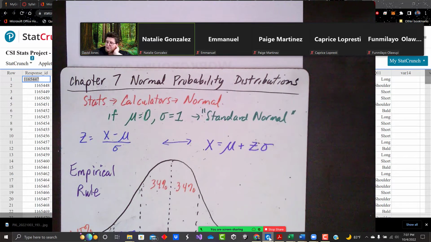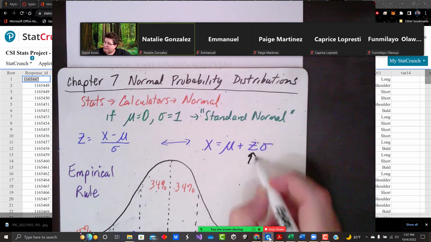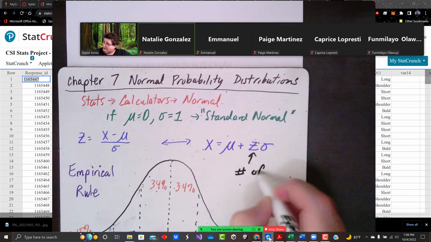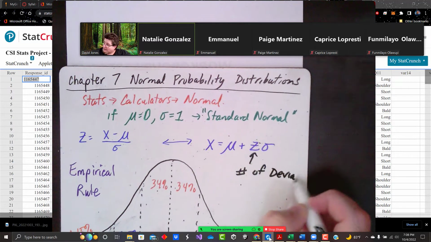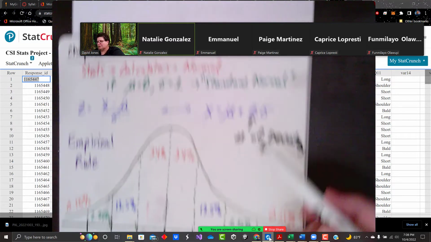Remember that we did z-scores. Z-score was the value of the individual person minus the mean and then divided by the standard deviation. It comes from mu plus z sigma, where z is the number of deviations. And it relates to the empirical rule table.